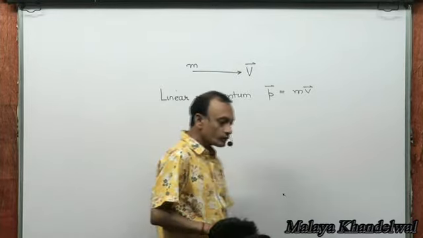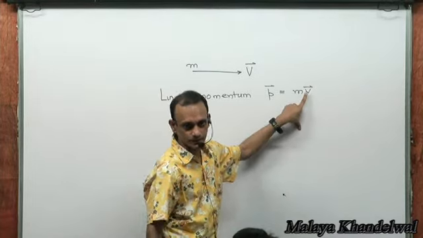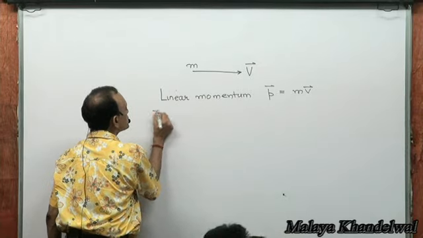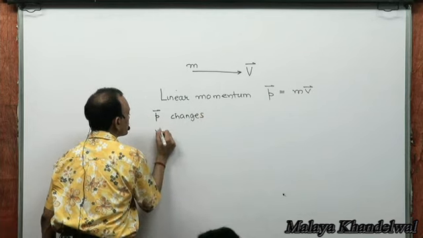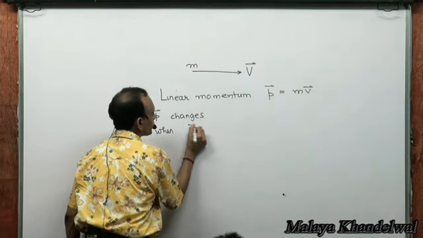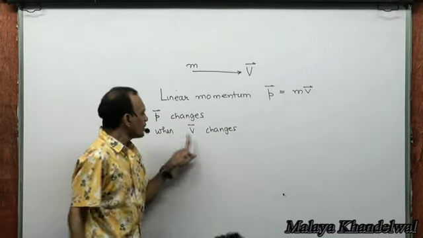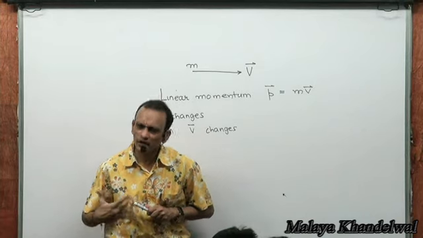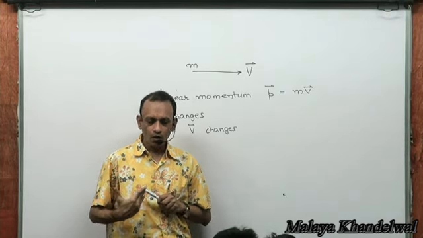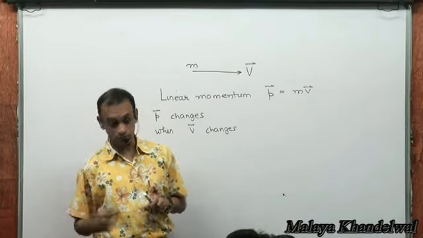Now, how would p change? P would change every time v changes, right? Now, when would a vector change? V is a velocity vector. Either its magnitude changes, or its direction changes, or both change, right?